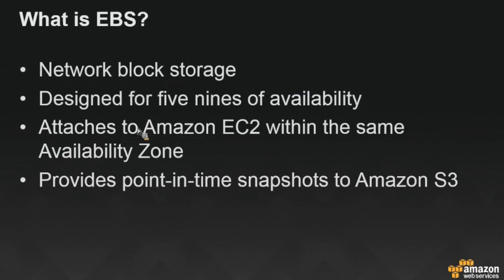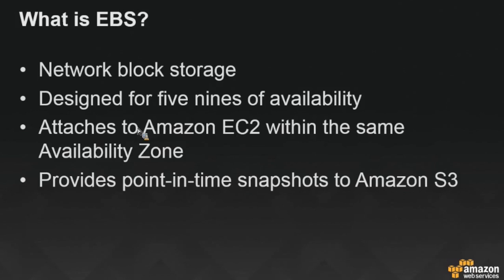EBS is network block storage. It's attached to your EC2 instance, but it's independent from EC2. It's designed for 5 nines of availability. Because it's a service, we actually have availability goals within the EBS service: how long a volume is available for I/O, and also durability.